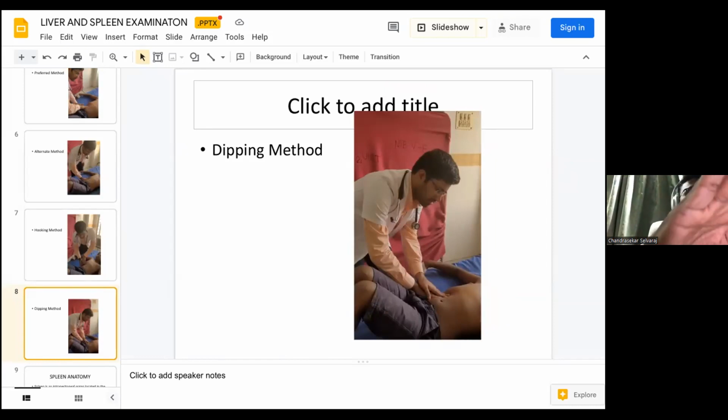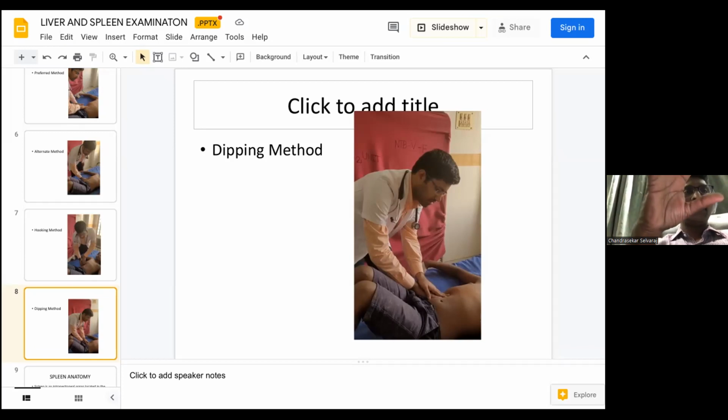Before that, with each inspiration, we need to suddenly make a downward shift so as to displace the fluid inside and look for the palpability of the organ. This is a very essential method which we use both for liver and spleen in case of ascites. In intense ascites it becomes difficult, but in mild to moderate ascites or a huge obese belly, we can use this dipping method to look for the palpability of the liver.